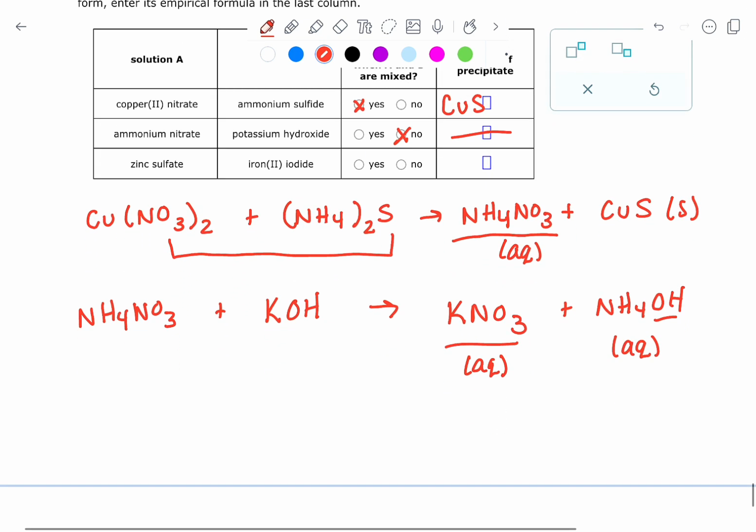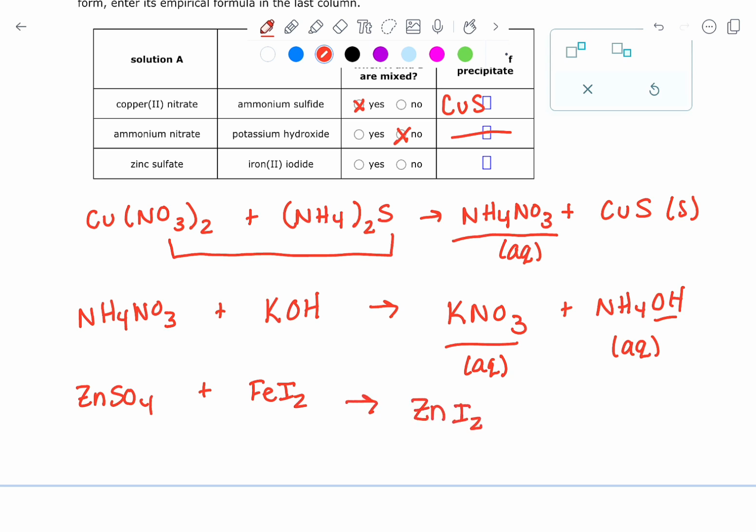Our last example is going to be zinc sulfate. Zinc has a charge of 2+, sulfate has a charge of 2-, so we have ZnSO4 plus iron 2 iodide, so we have FeI2, and that is going to create zinc iodide plus iron sulfate.